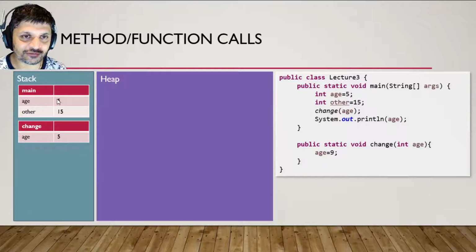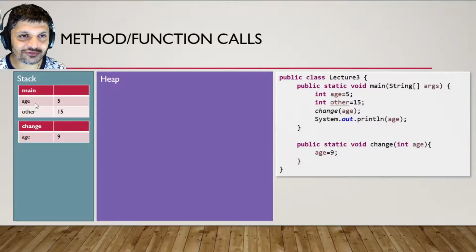Okay, and it has value 5 because it was copied from this age variable, because that's what was sent in. Then inside the method, we say age equals 9. Right now that's happening inside the change method. So that means it's going to go to the age variable in the change stack frame and change its value to 9. But notice that the original age variable hasn't changed.